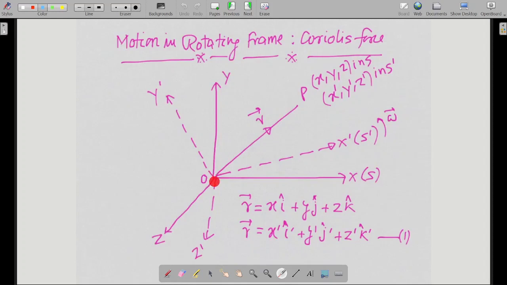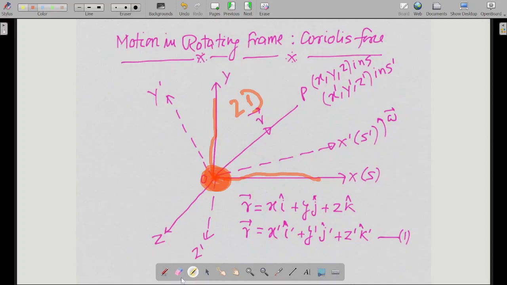So this is your point O, suppose. This x-axis is over here, this y-axis is over here in the 2D plane, but your z-axis is coming out of the plane towards your face, perpendicular to your mobile screen.